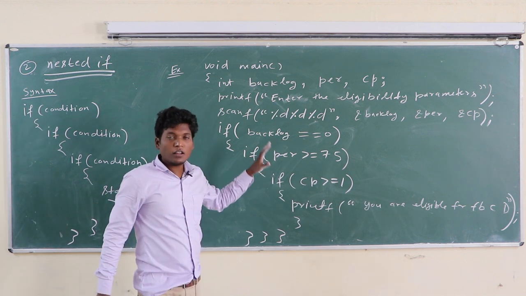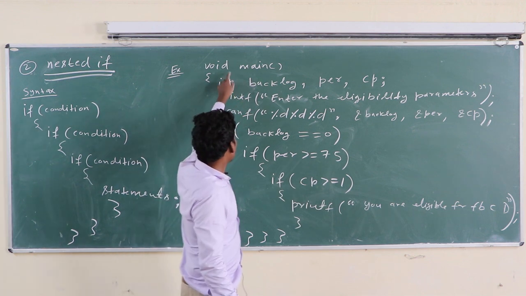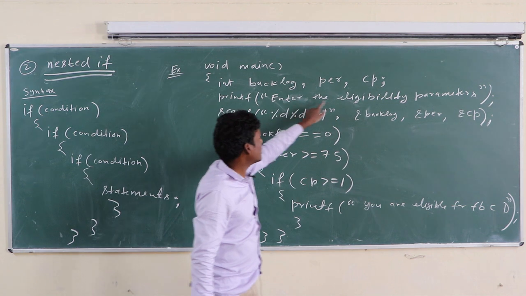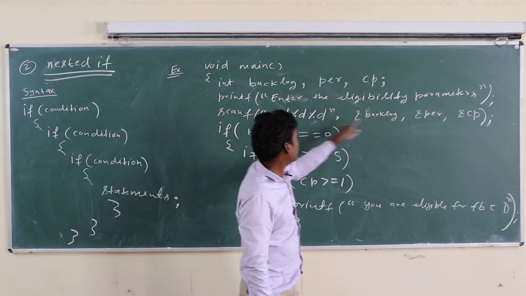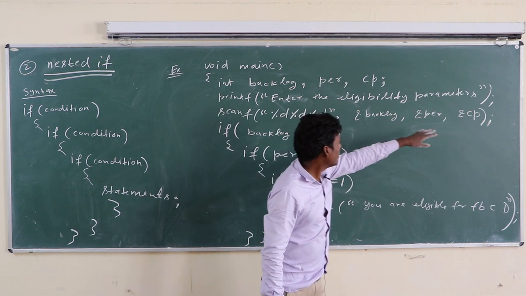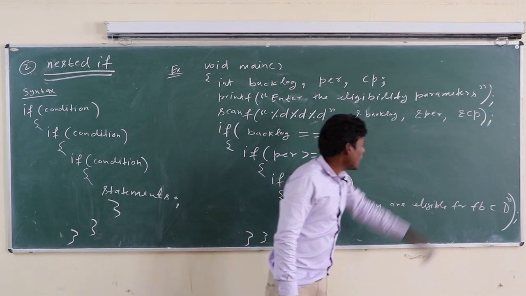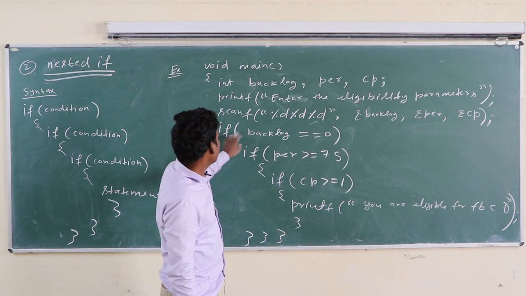So all three are conditions. So the program is: void main, int backlog, per, cp, enter the eligibility parameters, %d for backlog, %d for per, %d for cp. The student inputs their backlog numbers, percentage, and number of programming languages they know.